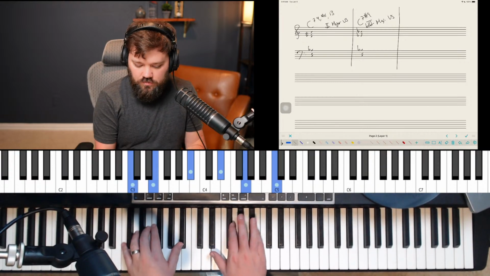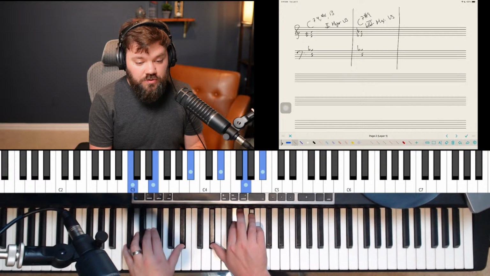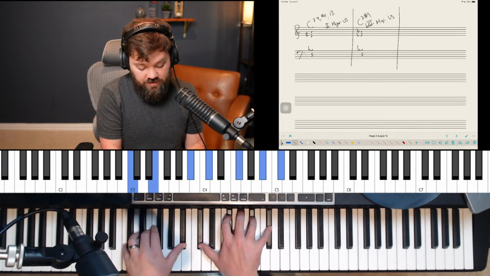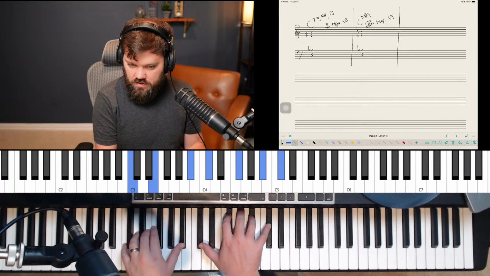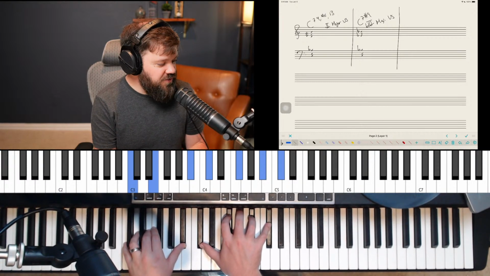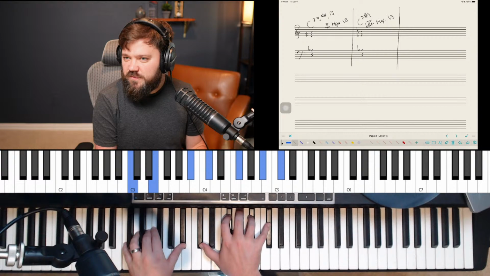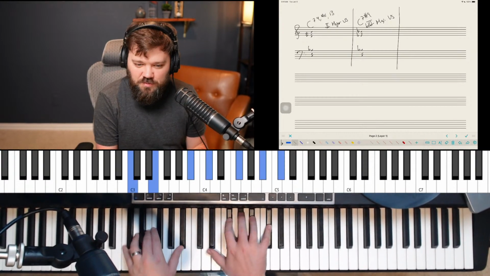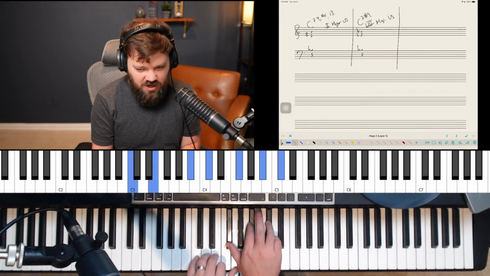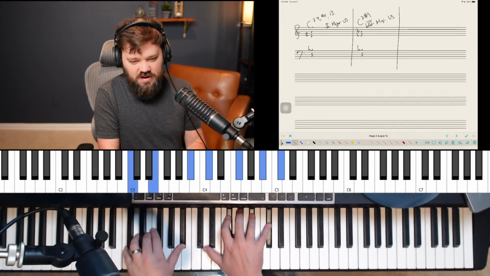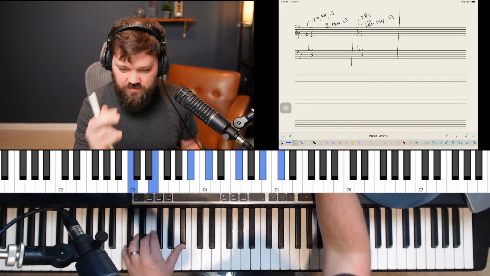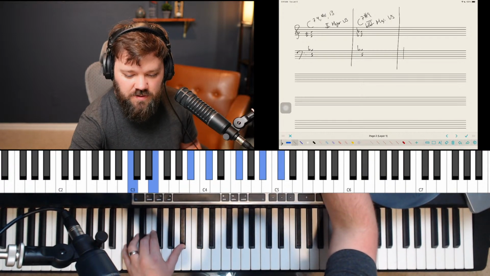So the next one that people use a lot is the flat 5. This one always feels very cinematic, very Star Wars to me. All right, that's very Stravinsky Petrushka. And so that's G flat major over a C7. Same thing there.